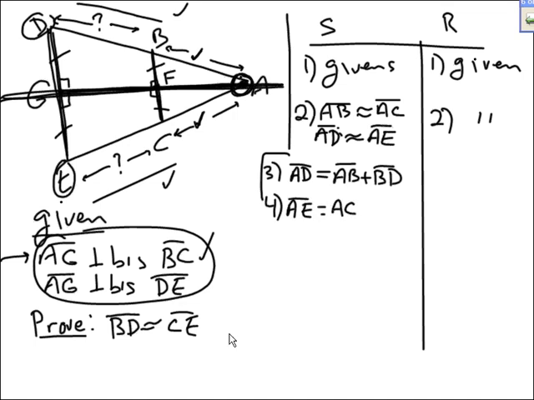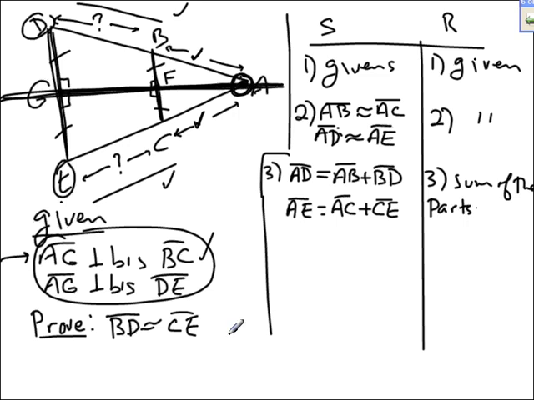It equals AC plus CE. I'm just going to call them both statement 3, sorry. Reason: the sum of the parts equal the whole.